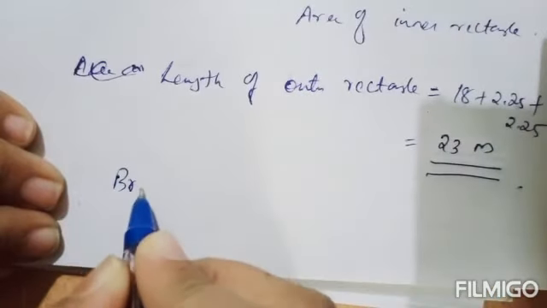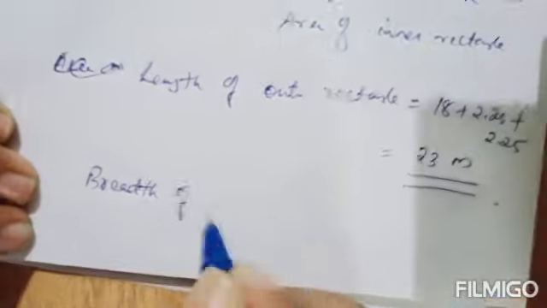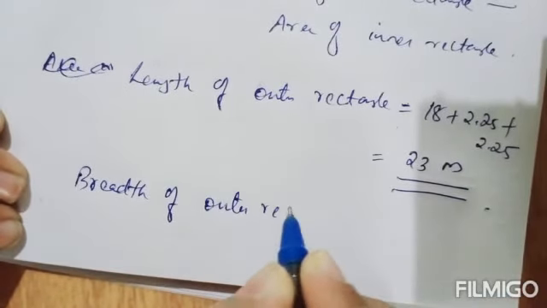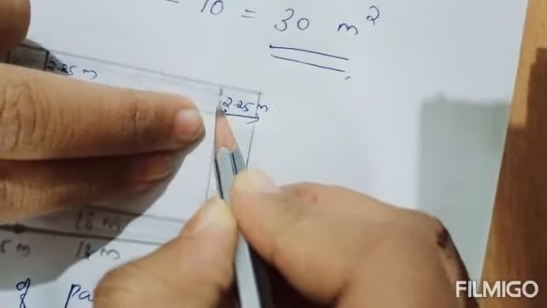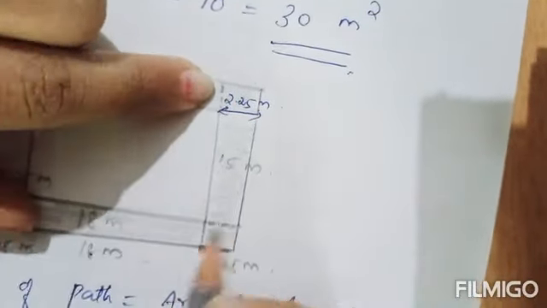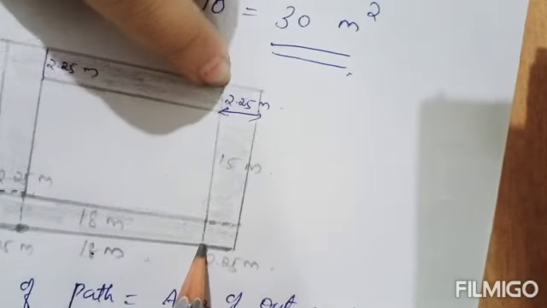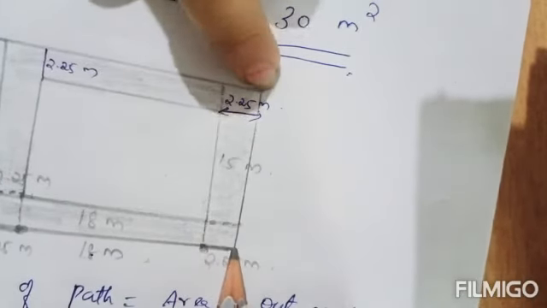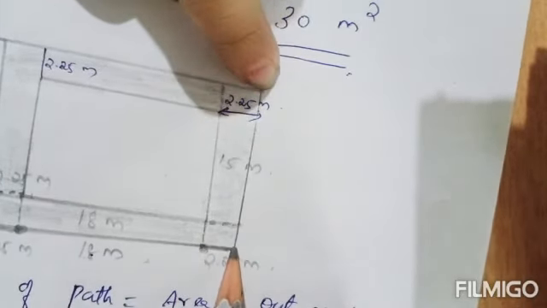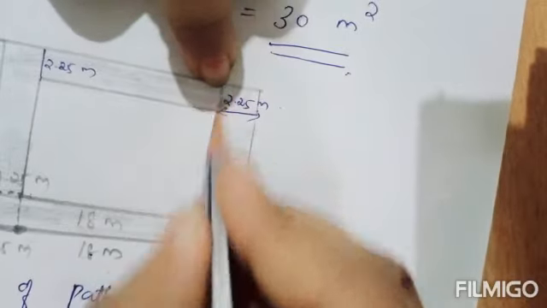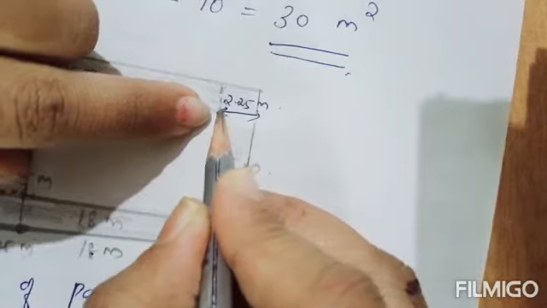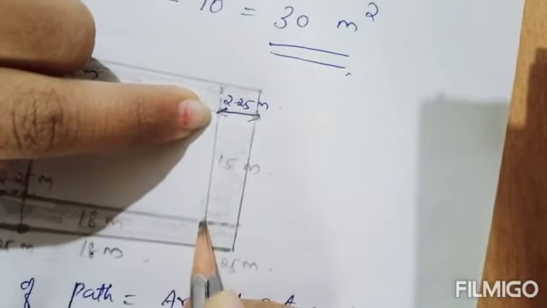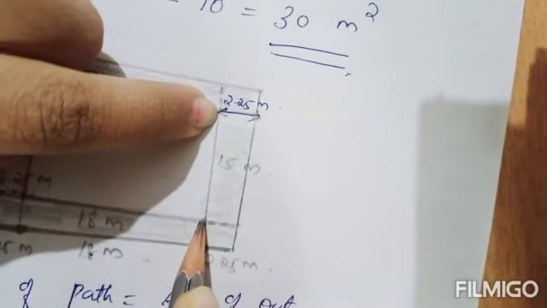Similarly, you can find the breadth of the outer rectangle. If you extend the breadth of the inner rectangle, this distance is equal to the breadth of the outer rectangle. From this point to this point, the distance is 15 meter.